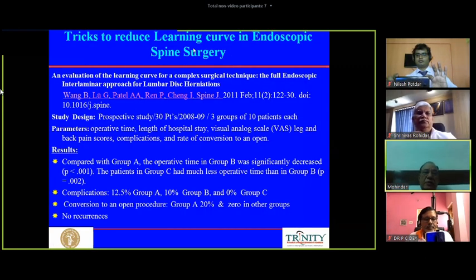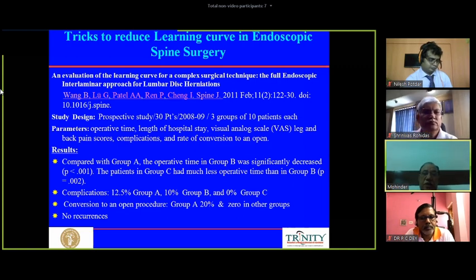And now there's another paper, an evaluation of the learning curve for a complex surgical technique, the full endoscopic interlaminar approach for lumbar disc herniation. This was a study where 3 groups of patients were created, A, B, and C, 10 patients each. If you see the results, compared with group A, the operative time in group B was significantly decreased, and the patients in group C had much less operative time.